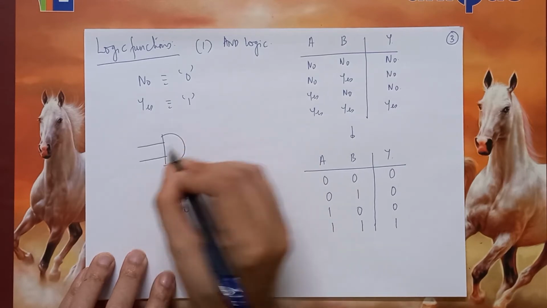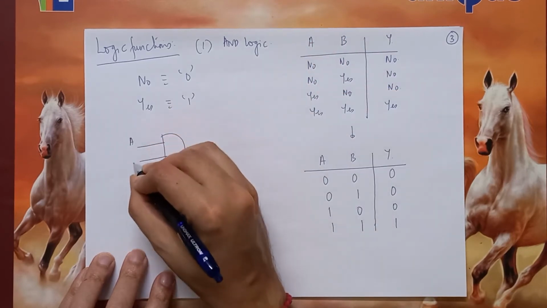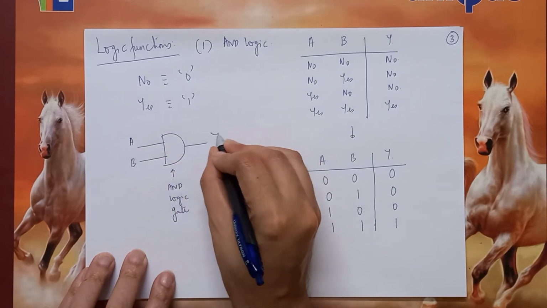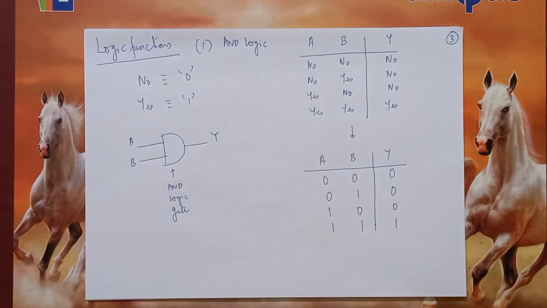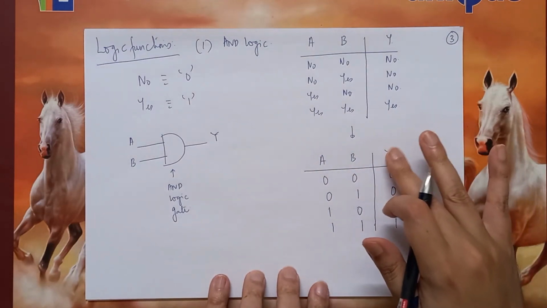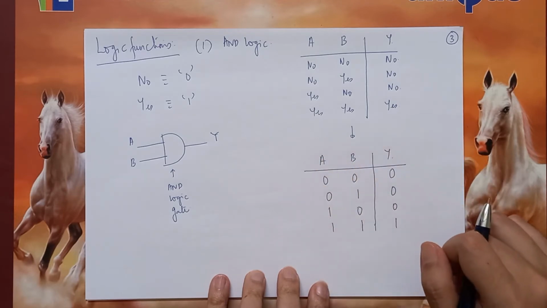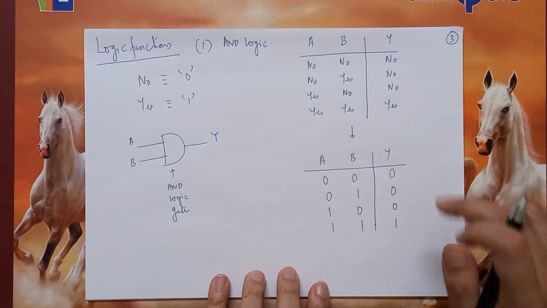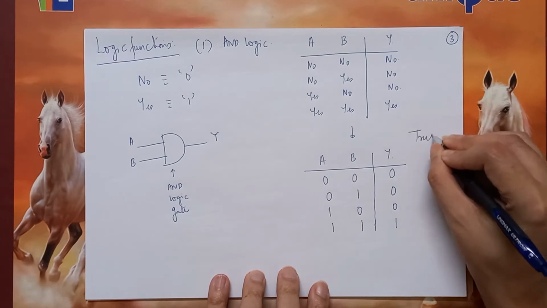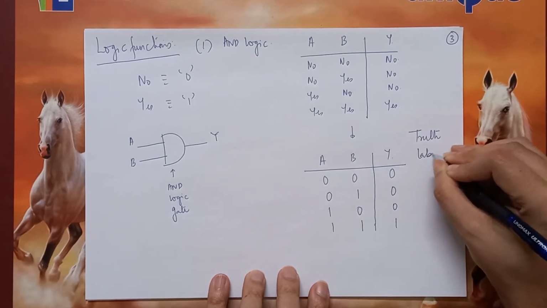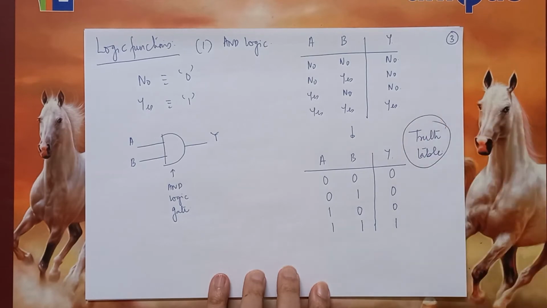The inputs are the two, A and B, and the output is Y. This table where we are showing the relationship between the output Y and the inputs A and B is called a truth table, because it represents the truthfulness of this logic making process.